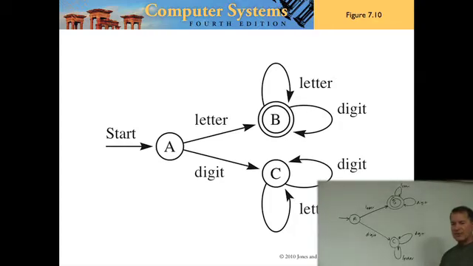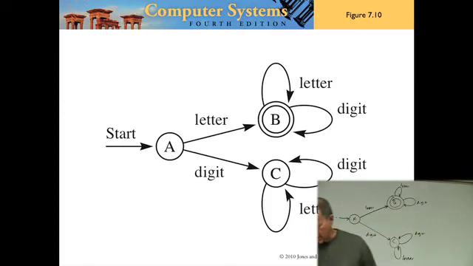Do you remember how we did a grammar that represents an identifier before? What's the rule for an identifier? The letters and digits, and the first one has to be a letter. Didn't we do the grammar for that?